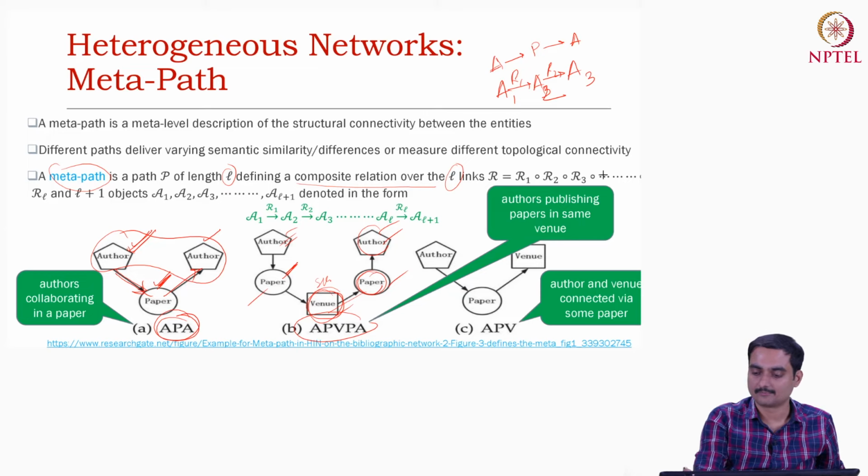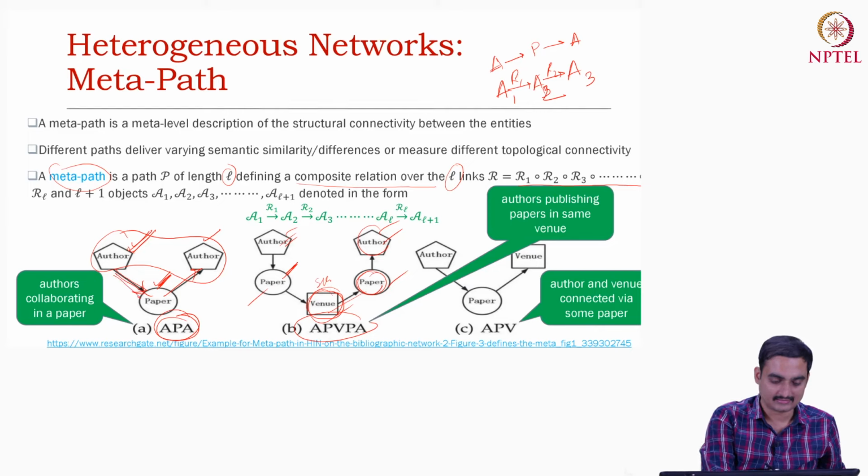Therefore, it is a composite relation, a composition of all the relations. In this case, the relation is author write or written relation, and this is also a write or written relation.